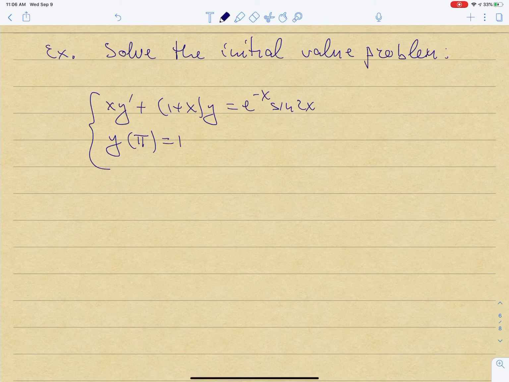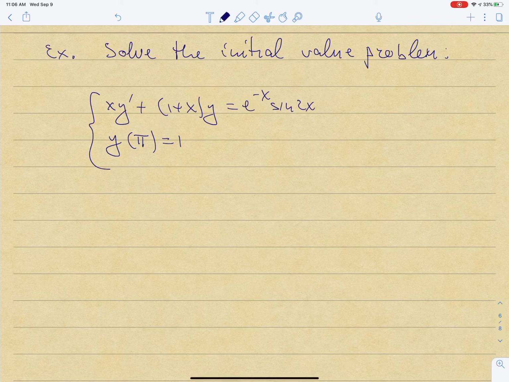Okay, so we need to solve the equation and then use the initial condition to find the value of the unknown constant. So we need to find the general solution of the ODE first and then determine the unknown constant. Okay, so this is a linear equation, right? Because you have a function of x multiplying y prime, another function of x multiplying y, and a function of x on the right.